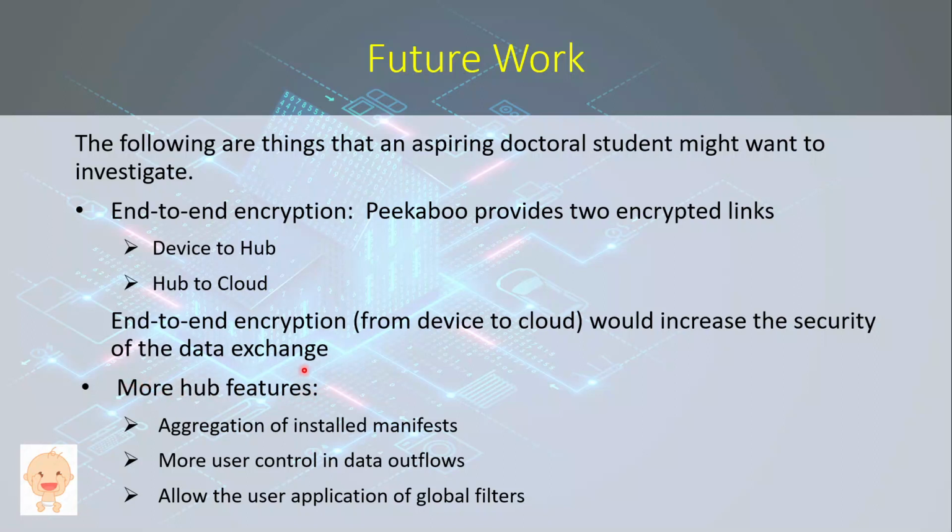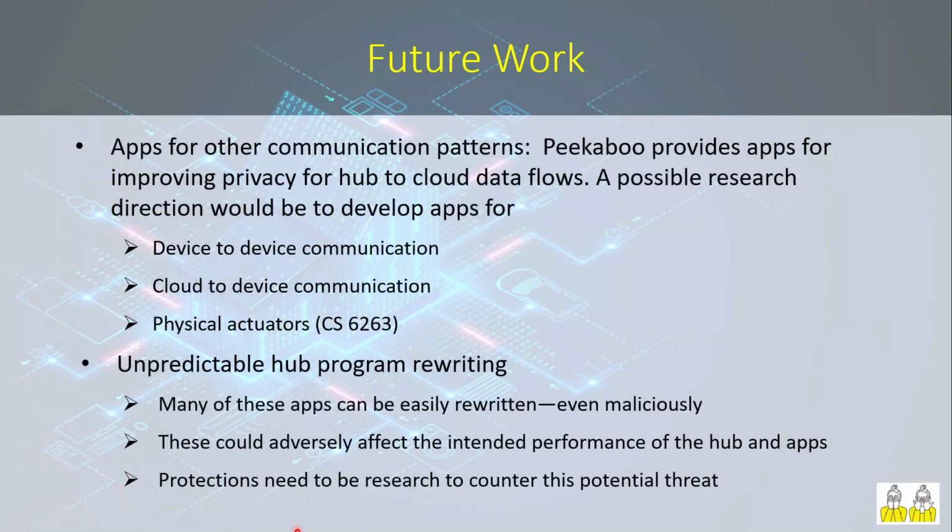Another area for future work is to develop more features for the hub. Basically, ways to aggregate installed manifests or installed apps, to find a way to develop more user control over data flows, and also to allow the user application of global filters. A third idea is to provide support for other communication patterns.